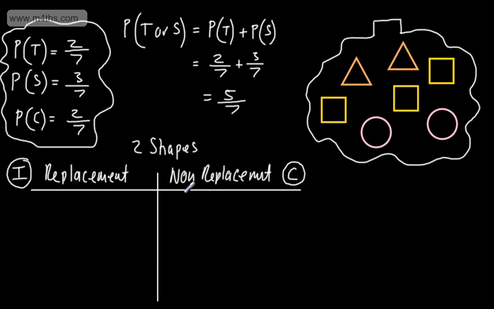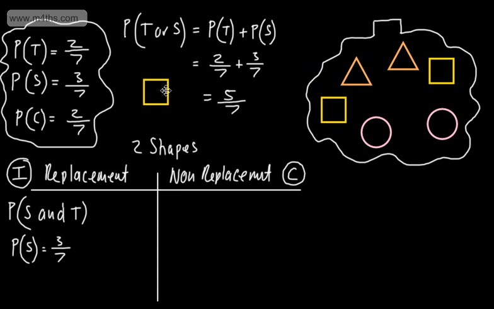So let's set up a scenario. What I'm going to do is look at the probability of choosing a square and a triangle with my 2 picks. So if we look at the first event, the probability of a square, we know that there are 3 squares out of 7. So let's say I chose a shape at random, and let's say it was a square. I took it out, I looked at it, I noted what it was, and then I replaced it.